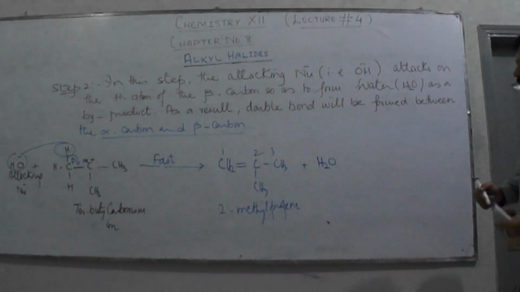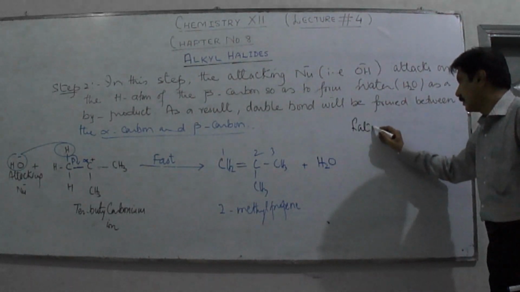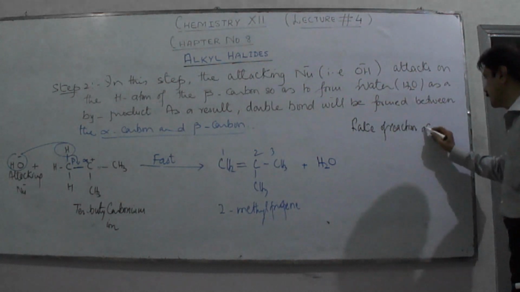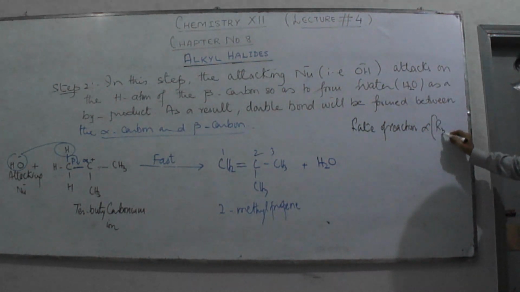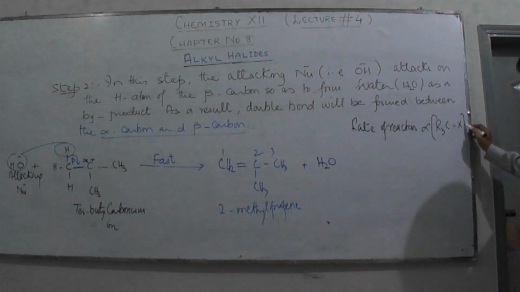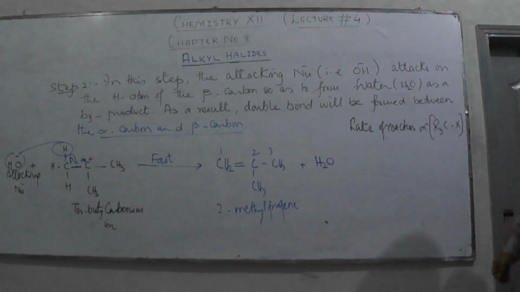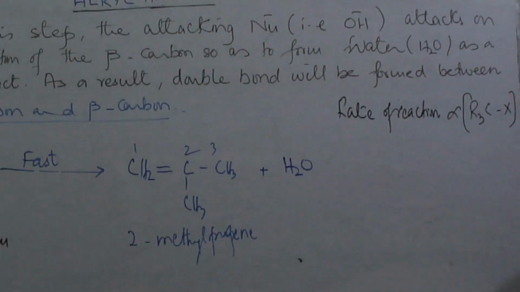Now, in E1 reactions, the rate of reaction is directly proportional to the concentration of the substrate only, because the attacking nucleophile doesn't appear until the breaking of the tertiary alkyl halide molecule.